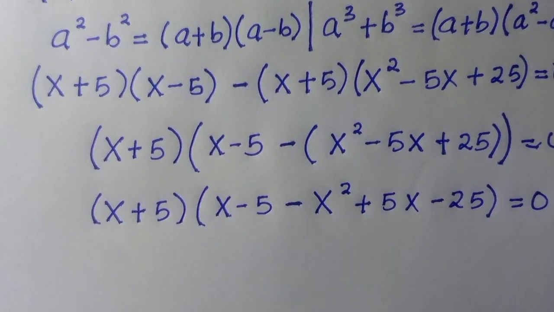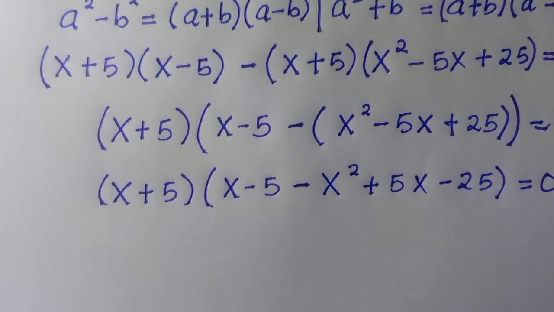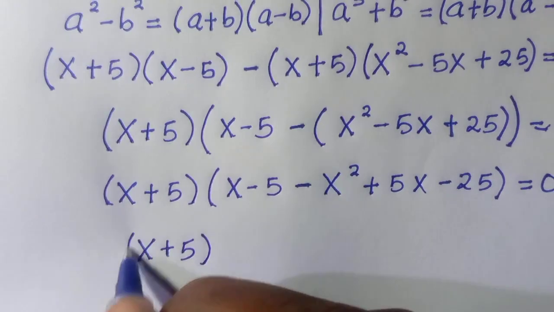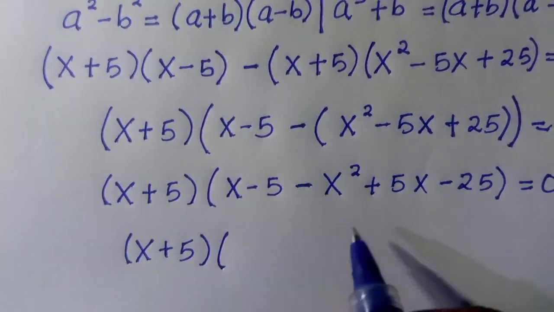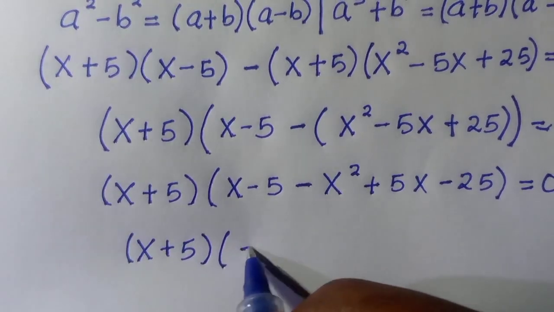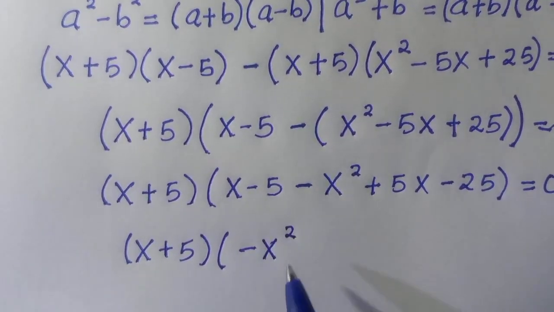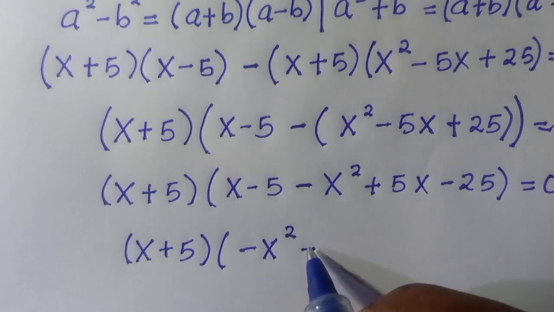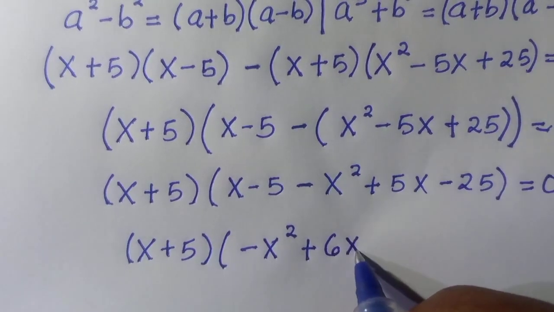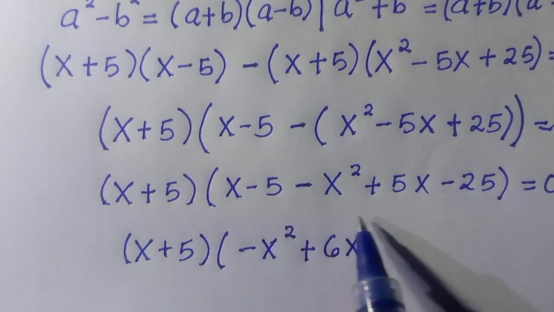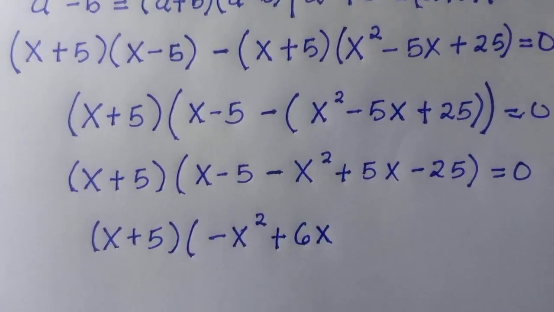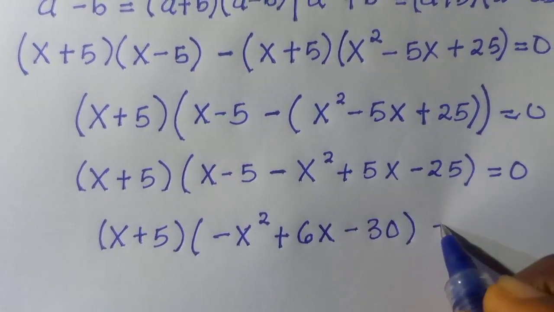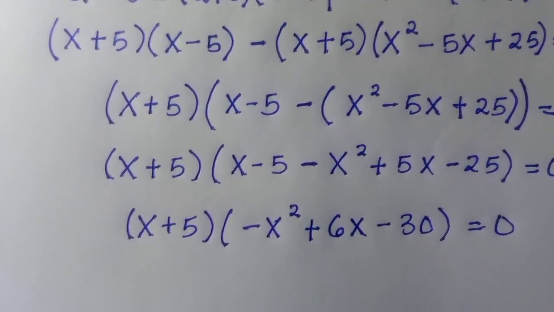So if you are following to this stage, here is x plus 5 open bracket. If I start with negative x squared based on the highest power, I follow it with x plus 5x, that gives us plus 6x, then minus 5 and minus 25, that is minus 30 equals 0.